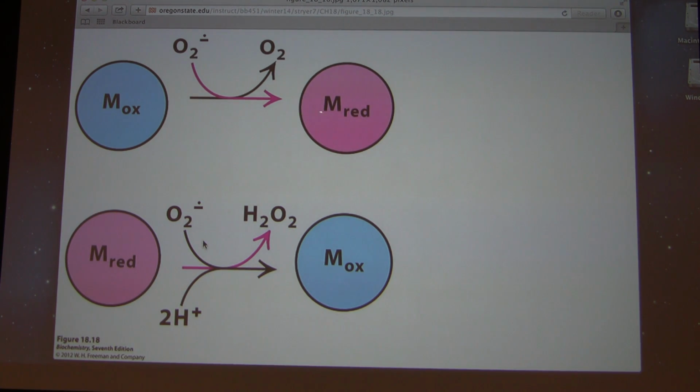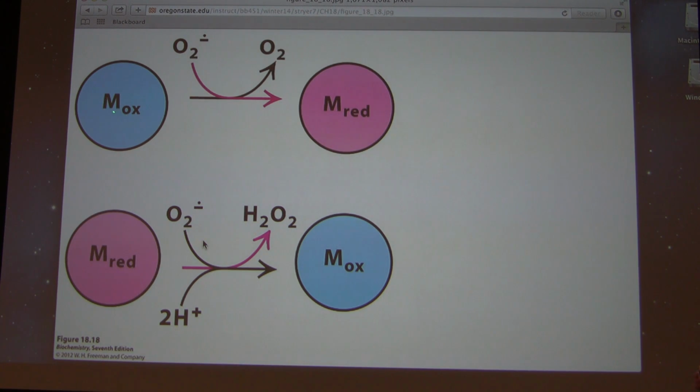This enzyme uses the ping-pong mechanism that we talked about last term. Anybody remember the ping-pong mechanism from last term? Back and forth, that's right. The enzyme bounces back and forth between two different states. We can see that here in color. Here's the superoxide dismutase, that's the M, in the oxidized form, and it is able to take an electron. And look who has an extra electron: superoxide.